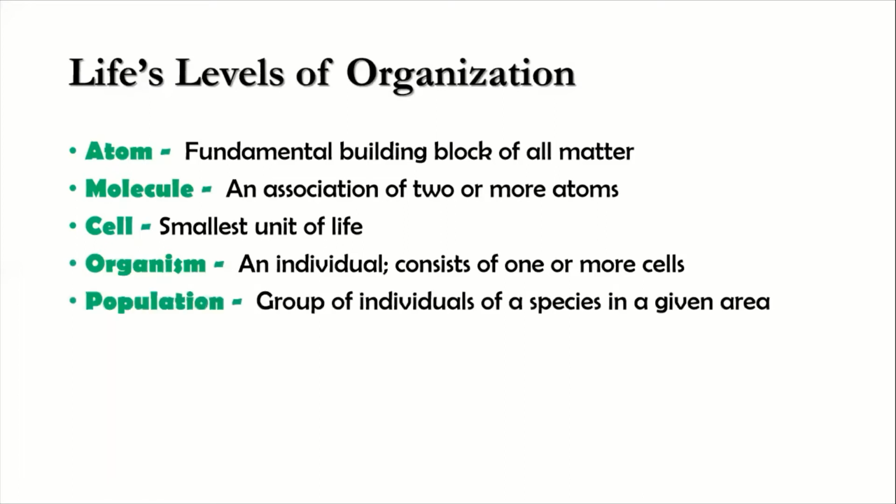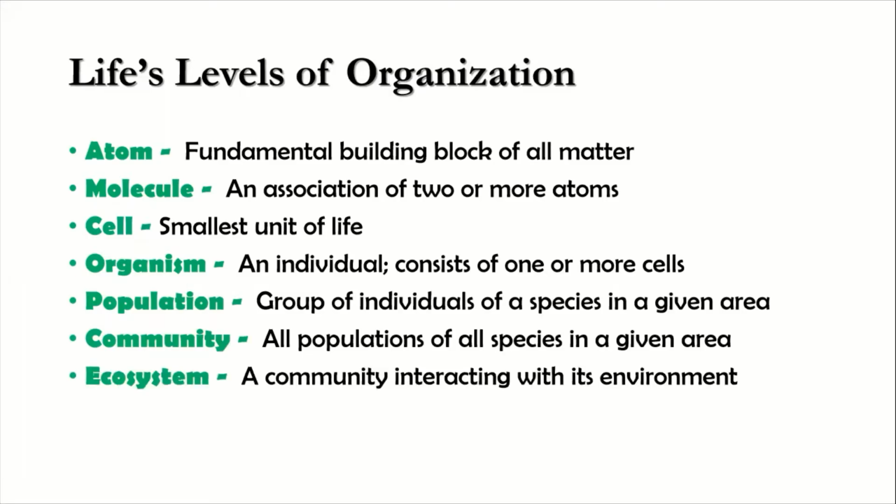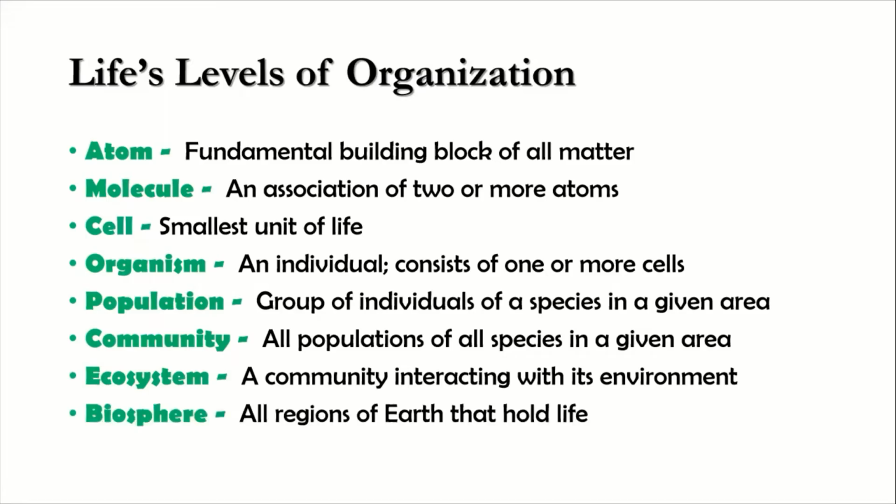And then we have your population, which is a group of individuals of a species in a given area. And when you put those different populations together, you have a community. And then eventually you'll have an ecosystem, which is different communities interacting with their environment. And last, we have the biosphere, which refers to all regions of Earth that hold life.